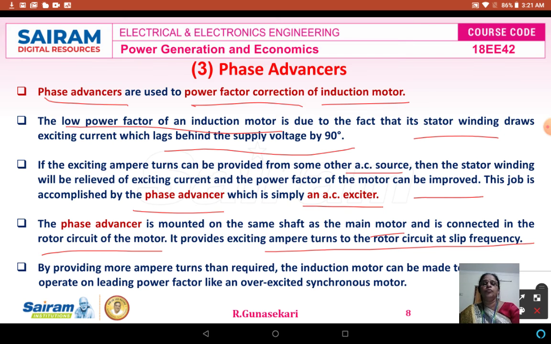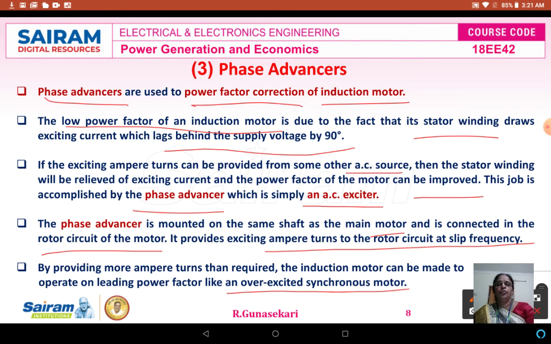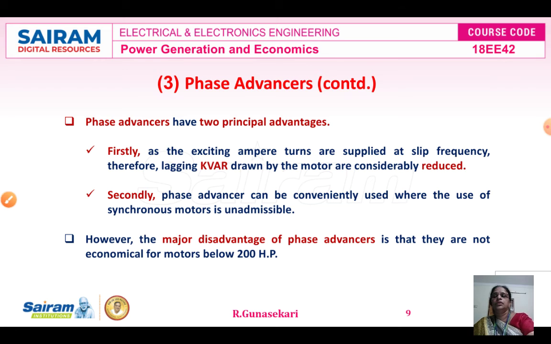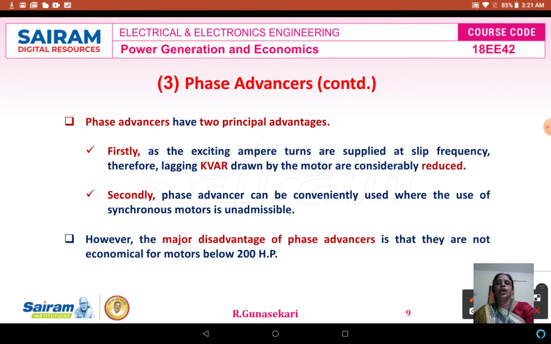By providing more ampere turns than required, the induction motor can be made to operate on leading power factor like an over-excited synchronous motor. So the phase advancer is used to correct the power factor of induction motors. What are the advantages of the phase advancer? Two advantages.